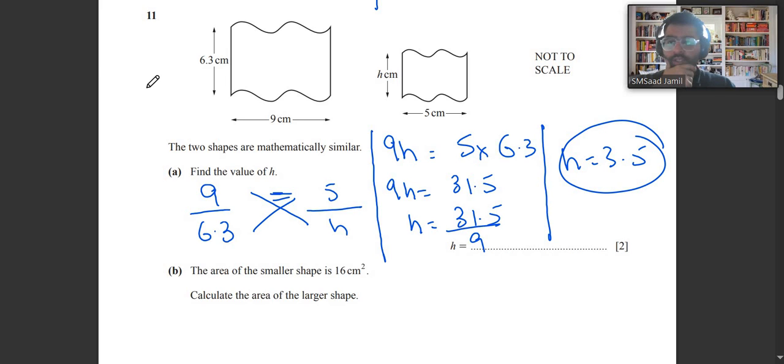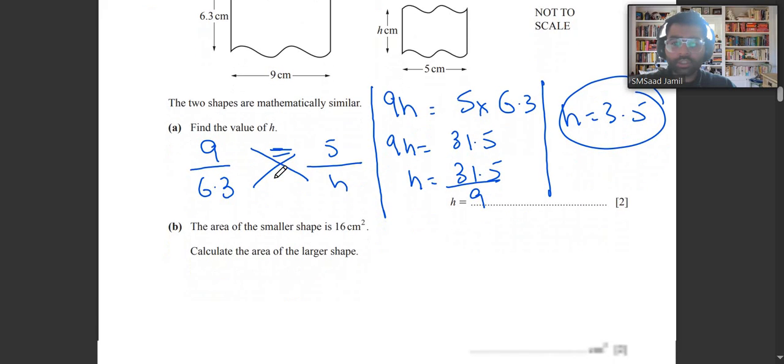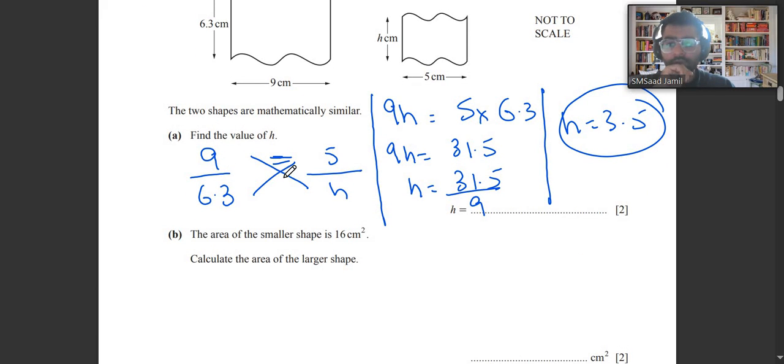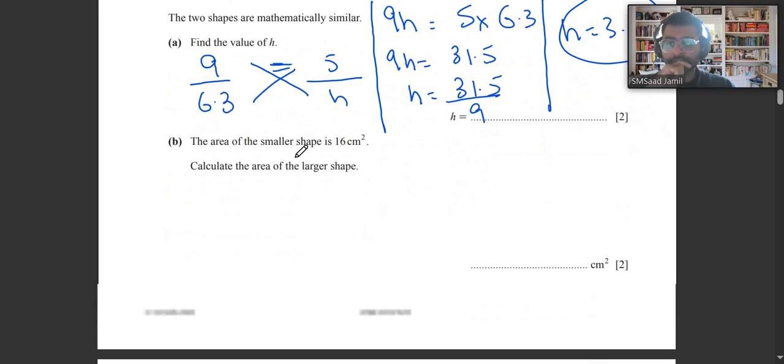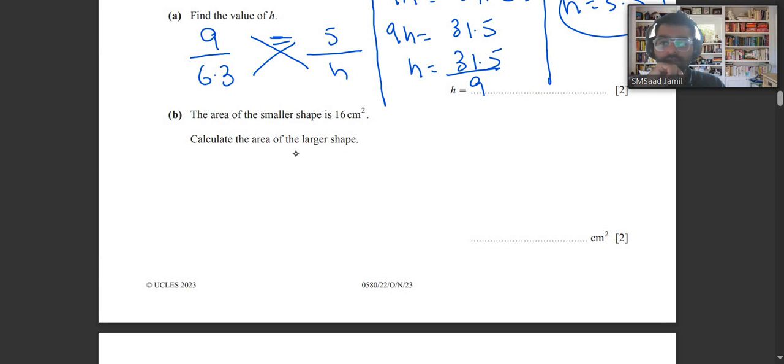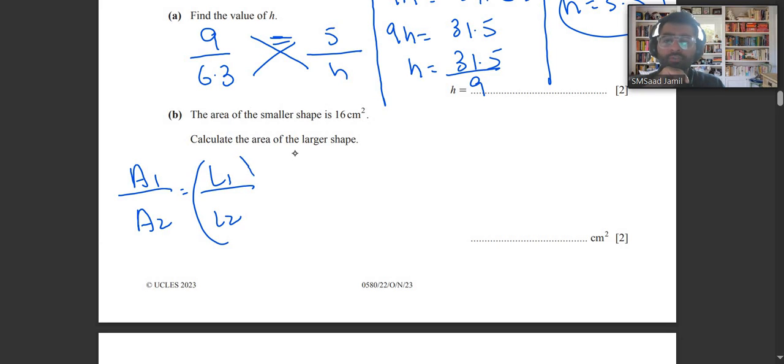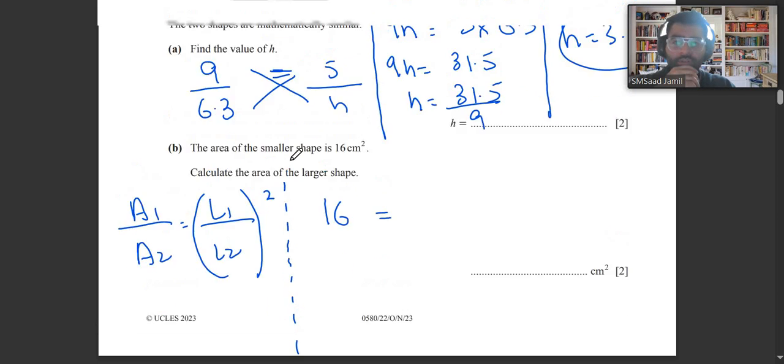Alright. Okay. The next question is the area of the smaller shape is 16 centimeter square. Calculate the area of the larger shape. Guys, this is the topic volume and area of similar figures. The formula is A1 upon A2 is equal to L1 upon L2 whole square. So look, the area of the smaller shape is 16, and we will use the length of the smaller shape as well.